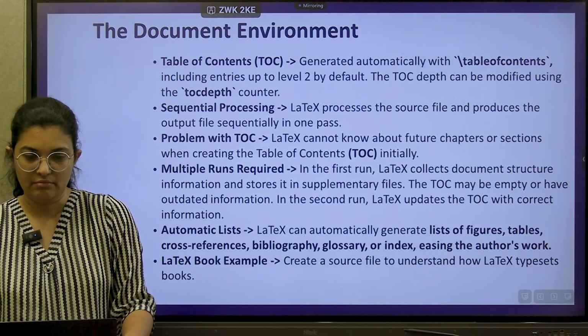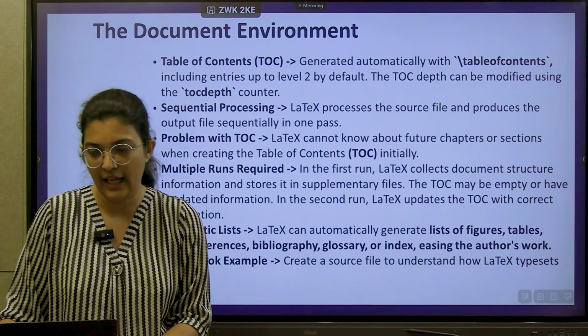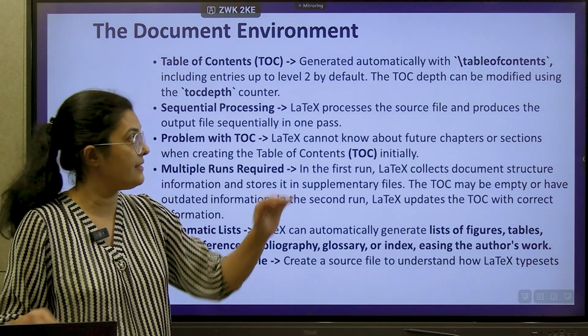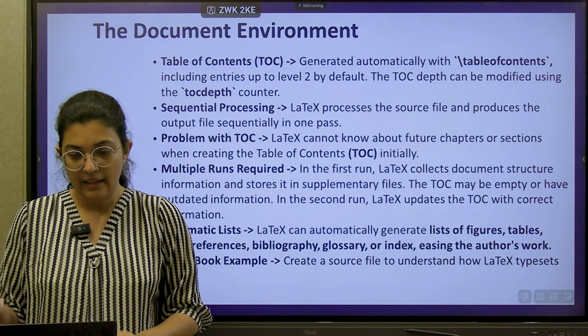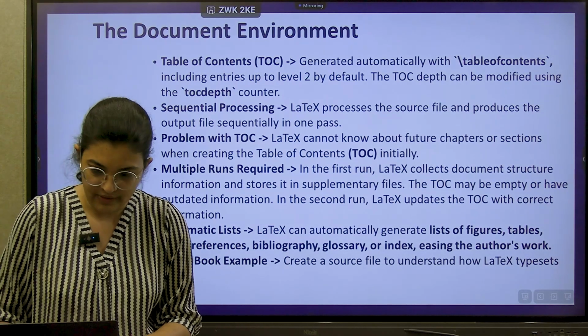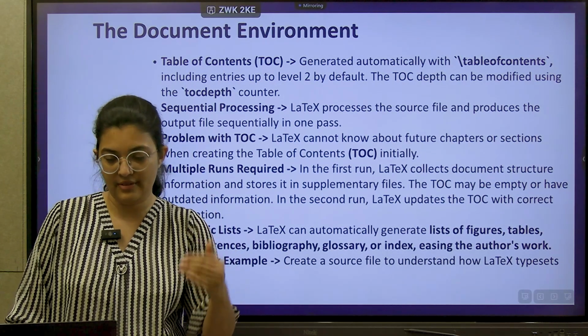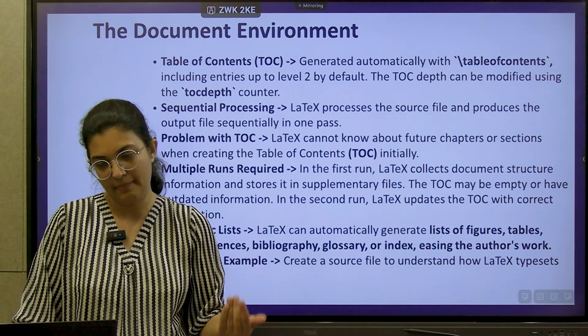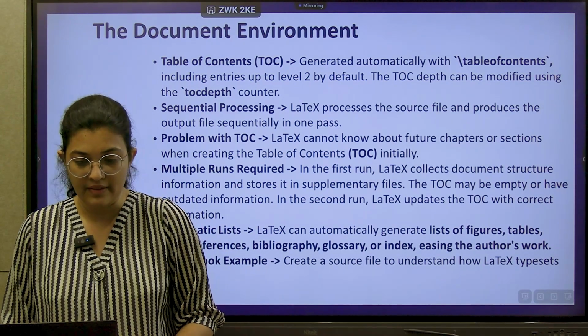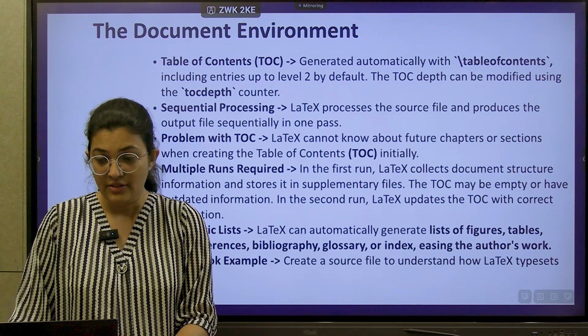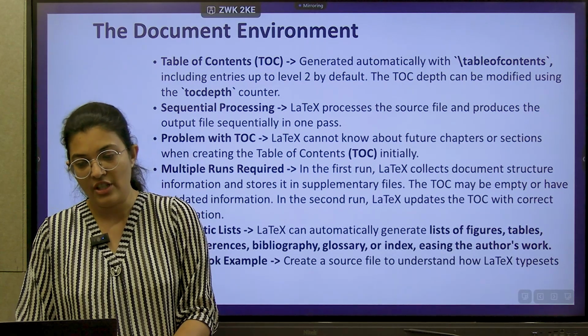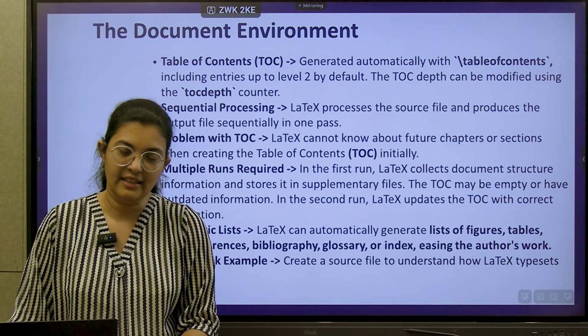Table of contents, right? For that we have the command \tableofcontents. It uses sequential processing, that is the whole file will be processed sequentially one by one, pass by pass. What are the problems in the table of contents? It cannot know about future chapters or sections when creating the TOC.